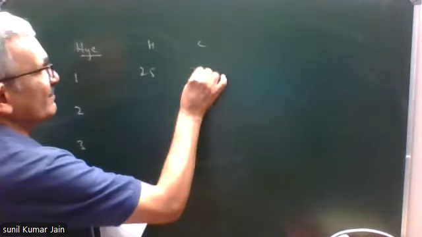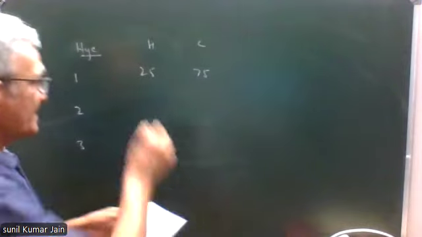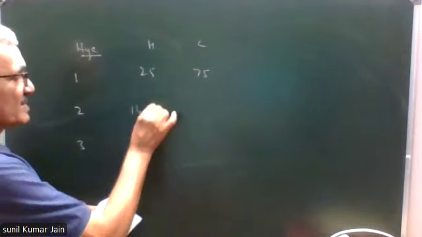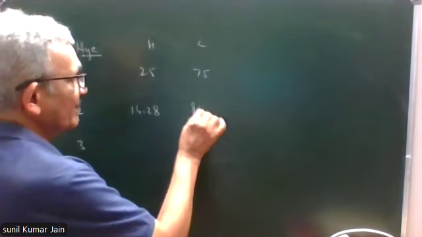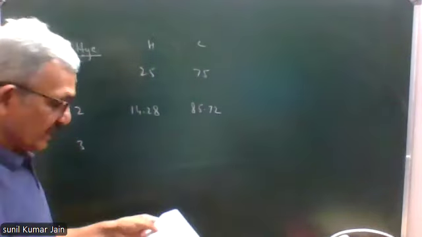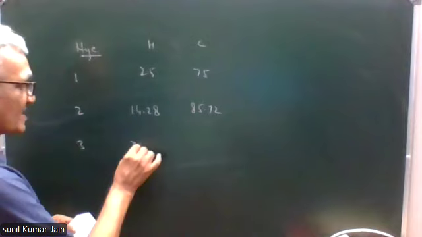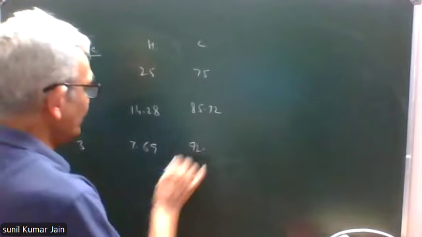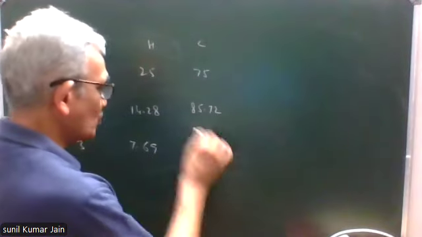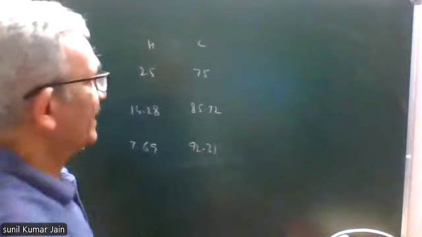It means carbon 75. Second case, 14.28% hydrogen. It means carbon will be 85.72%. In the third case, it is 7.69% hydrogen. It means remaining 92.31 will be carbon.